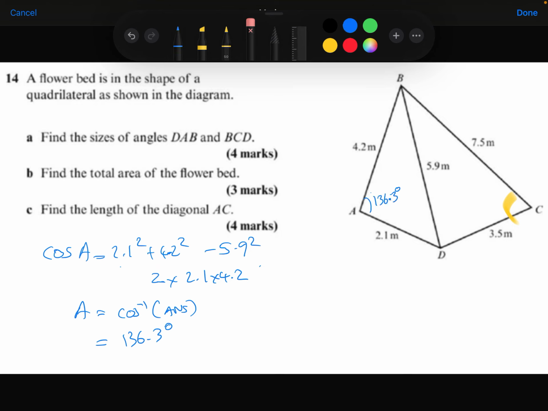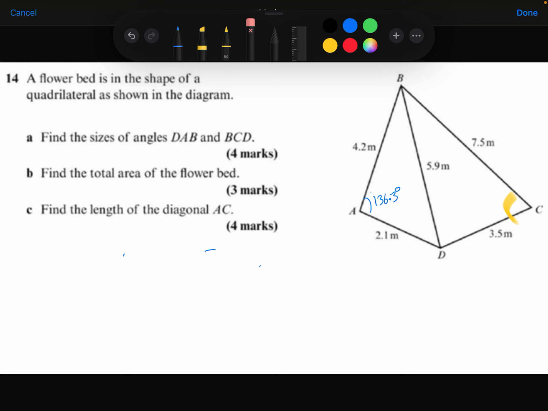I'm now going to do exactly the same thing with the other triangle to work out the angle BCD. So similarly, I would do cos C equals 3.5 squared plus 7.5 squared minus the 5.9 squared.